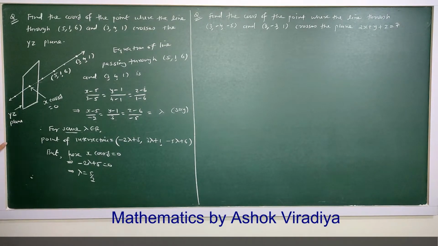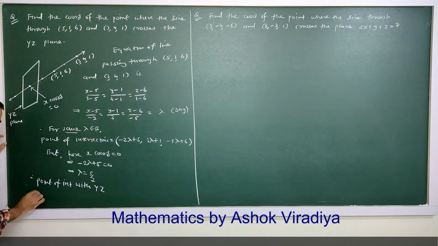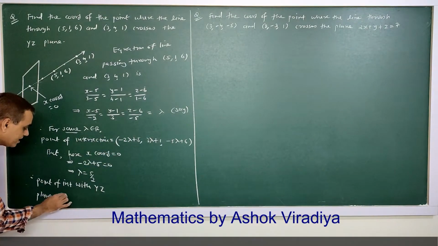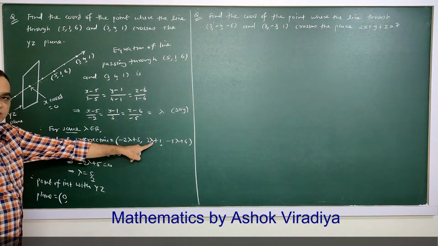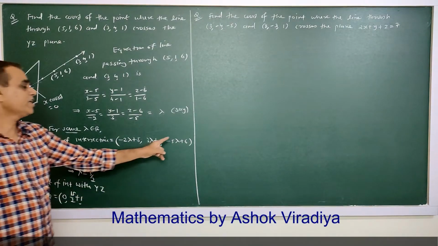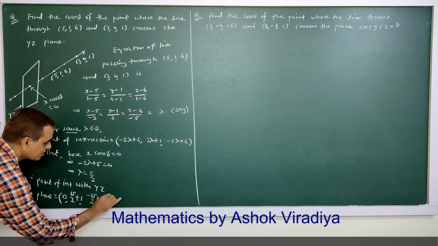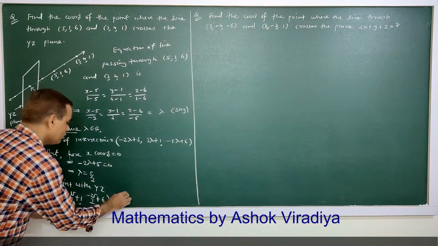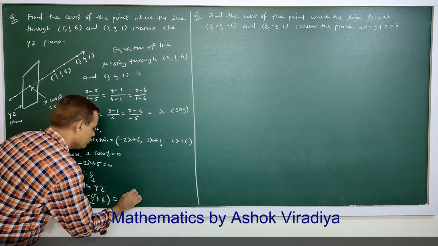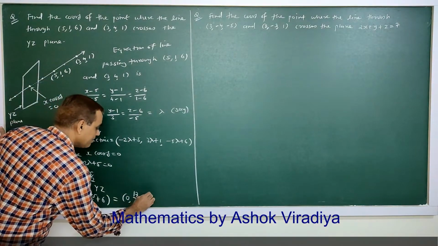So the point of intersection with the YZ plane is, putting 5 by 2, x coordinate is 0, then 15 by 2 plus 1, and minus 25 by 2 plus 6, that is (0, 17 by 2, minus 13 by 2).